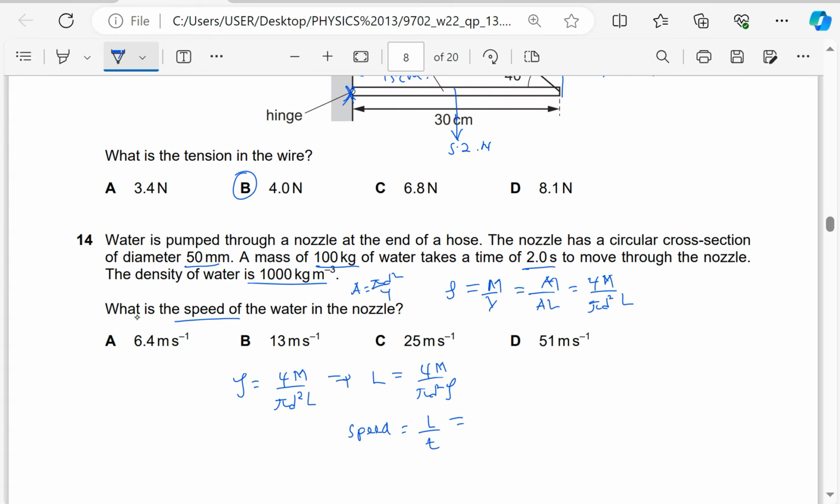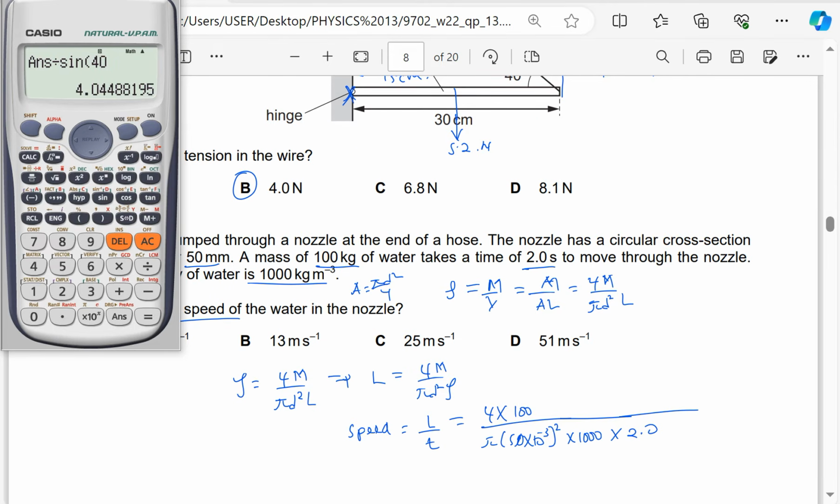So this is going to be 4 times the mass, which is 100, divided by pi times the diameter, which is 50 times 10 to the power of minus 3, but this is squared, times the density, which is 1000. Then in the denominator, because I'm dividing by t, I'll say times 2.0.